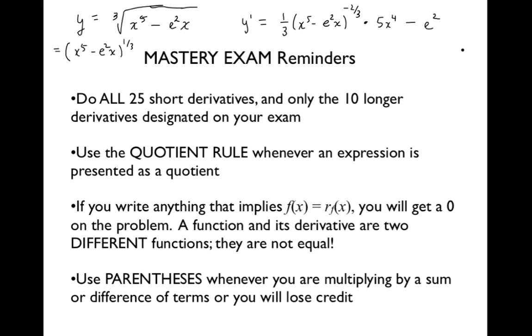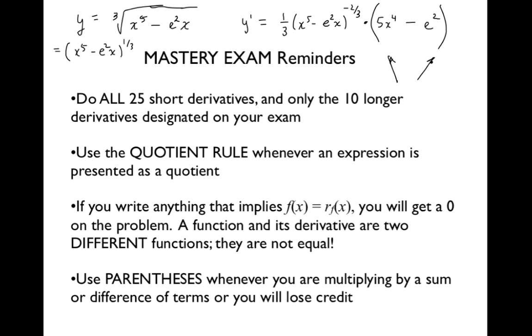Okay, how's it look? You will lose credit for this, because if you put this in your graphing calculator, you will not get the right rate of change function, because multiplication comes before subtraction. What we intended to do was multiply by the rate of change of the interior, and in order to do that you need parentheses.